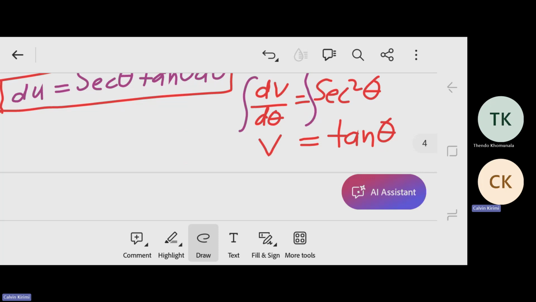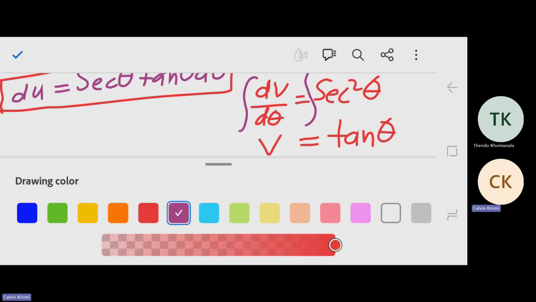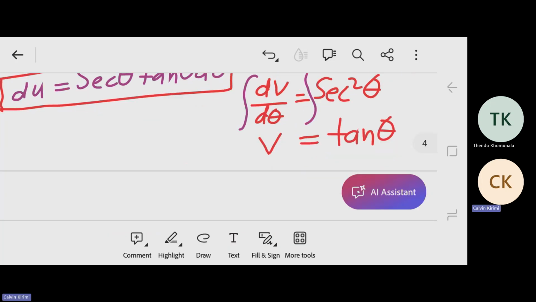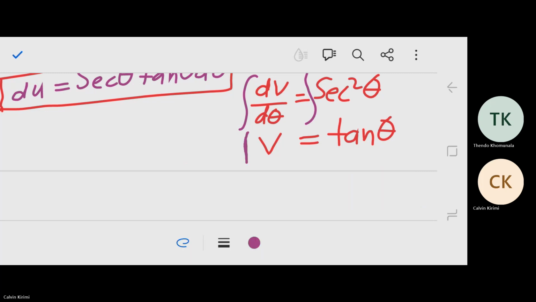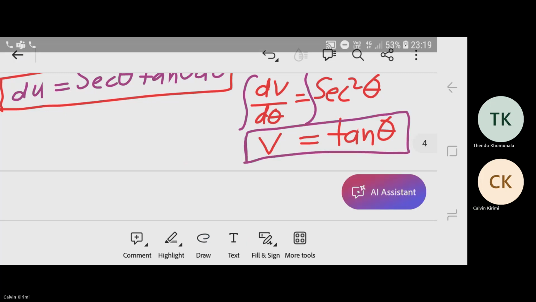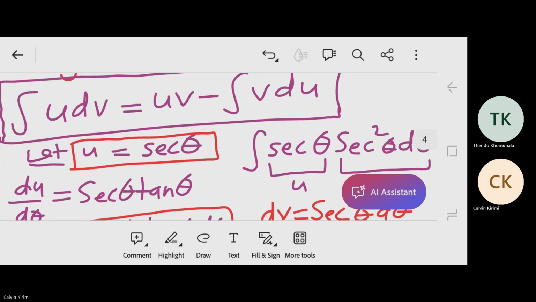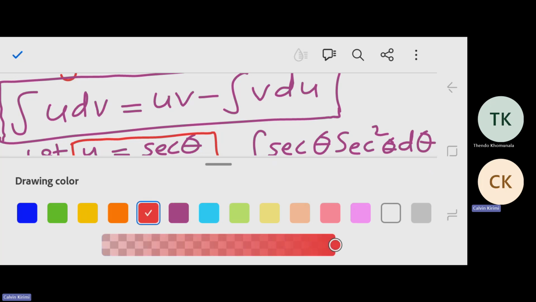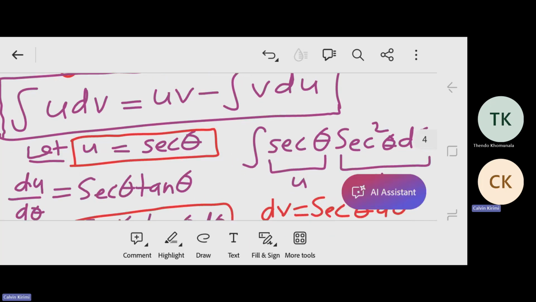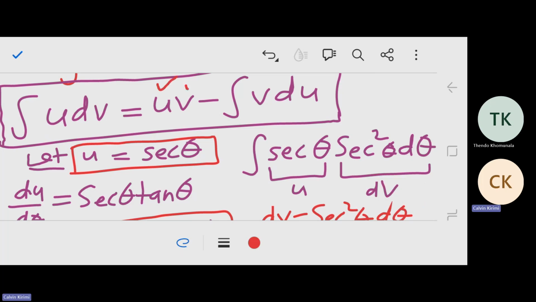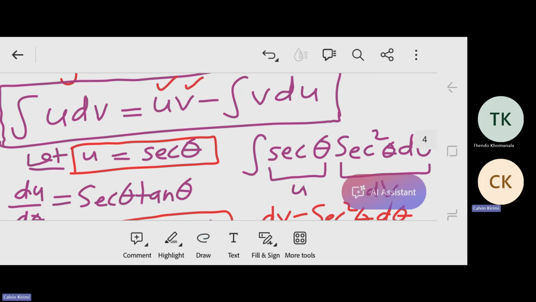Then we highlight the v. So now we have v, dv, u, and du. We are checking the formula, and now we have our u, our v, and du, so we can now integrate by parts by just replacing those values.